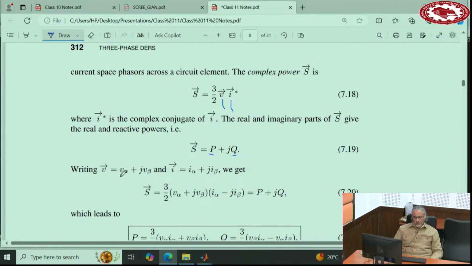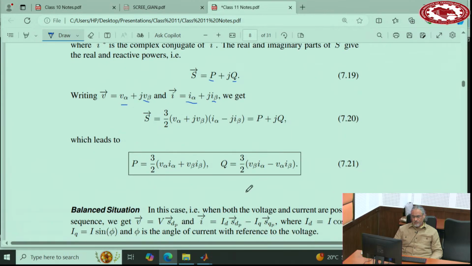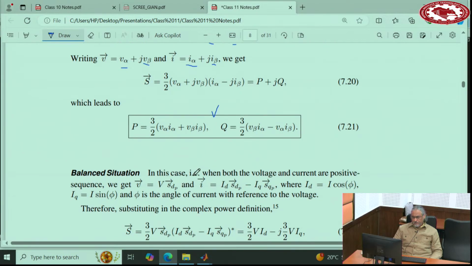And voltage has a real part, we call it alpha, an imaginary part, which is beta, and the current also has a real part, alpha, and imaginary part, beta. If you put it here and do the multiplication, you come to these two very important equations: V alpha I alpha plus V beta I beta, into 3/2, for P, and V beta I alpha minus V alpha I beta for Q.